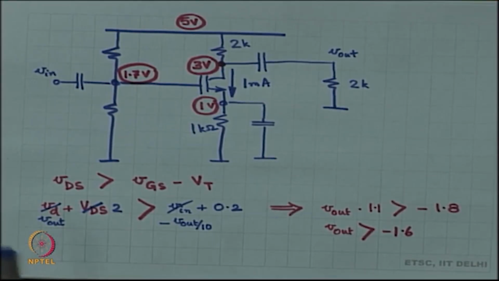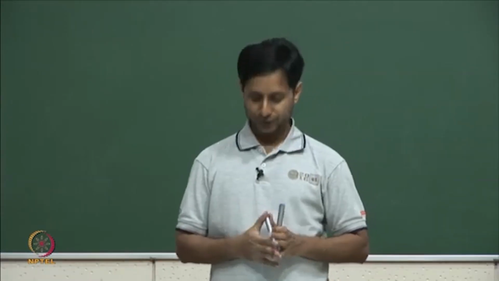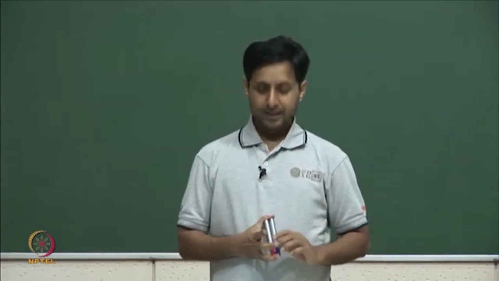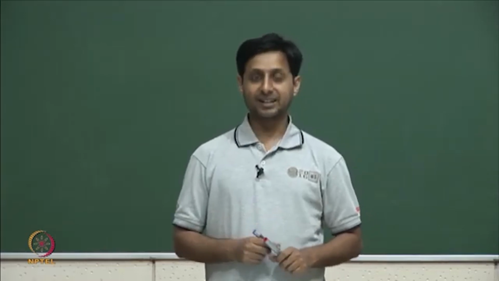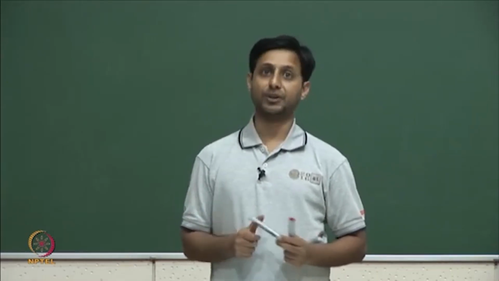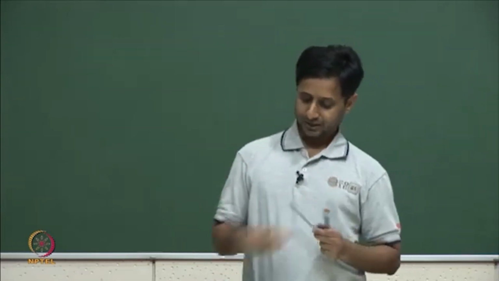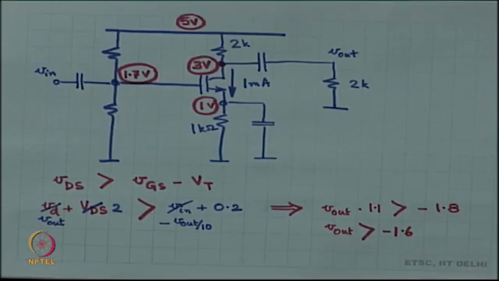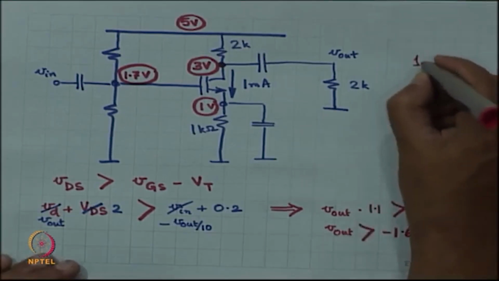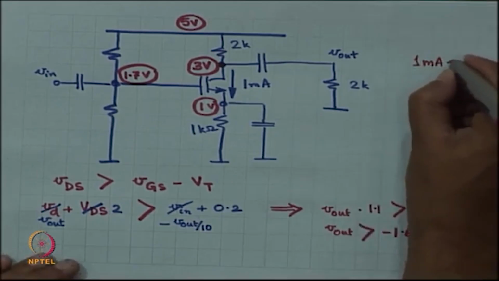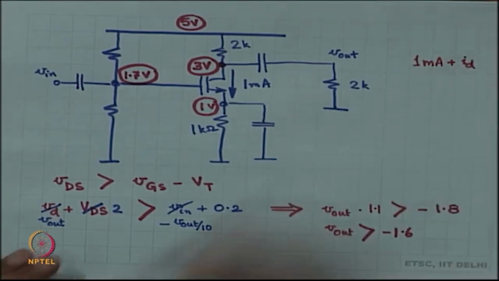So, this is condition number 1, that drain to source voltage has always got to be more than VGS minus VT. Condition number 2 is that the current through the MOSFET has always got to be more than 0. So, the current through the MOSFET is 1 milliampere, that is capital ID, plus small id, that is the current through the MOSFET.